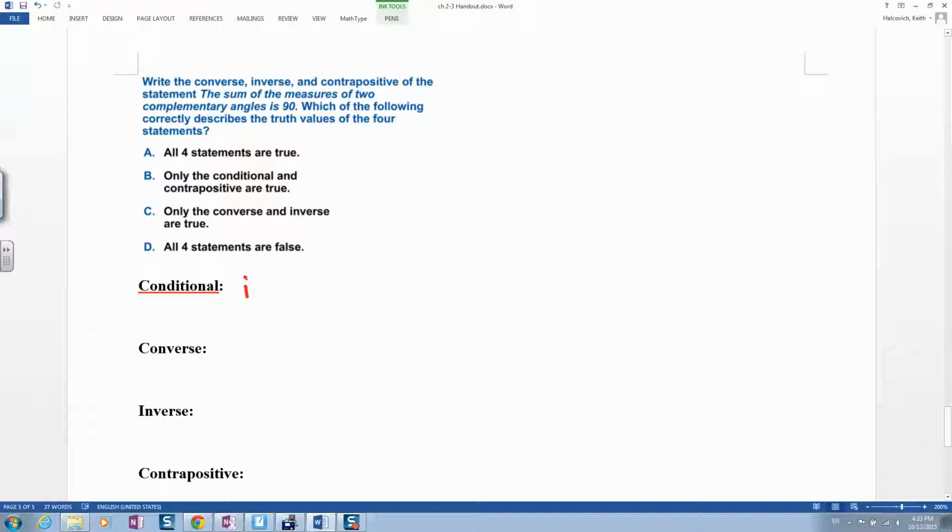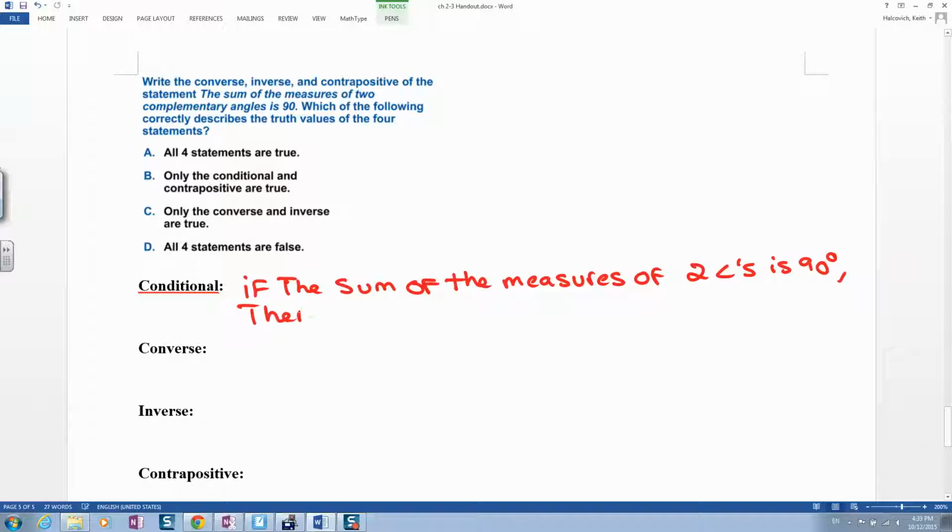So the conditional would be: if the sum of the measures of two angles is 90 degrees, then the angles are complementary. That is true.